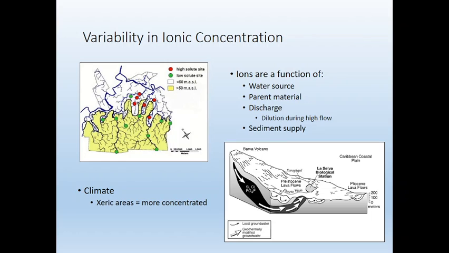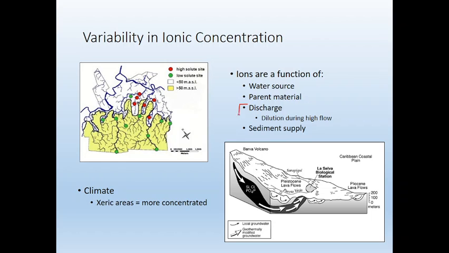So if you go from a river coming out of a granite area into a limestone area, the water going through the granite is not going to have that much carbon in it. But as soon as it flows into the limestone area, it's going to pick up a ton of that carbon and really get that carbonate buffering system from those rocks.